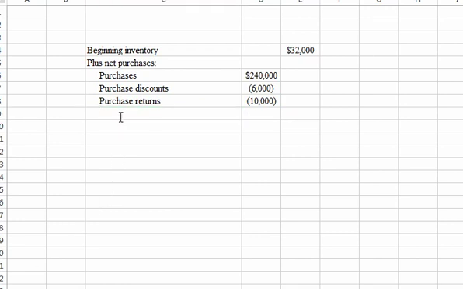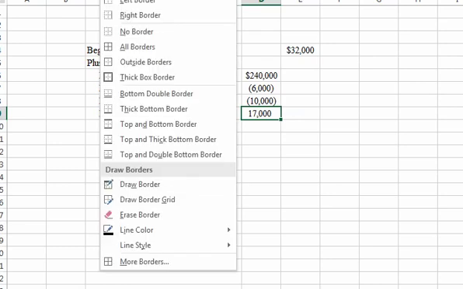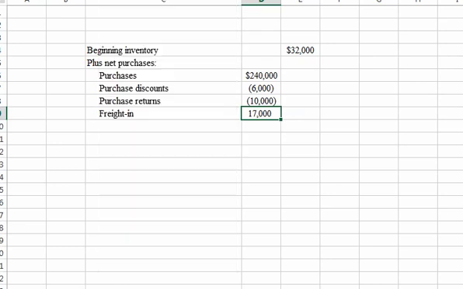Then we're going to add freight in, which was $17,000. That's just transportation charges paid on our purchases. Now we'll total these numbers.